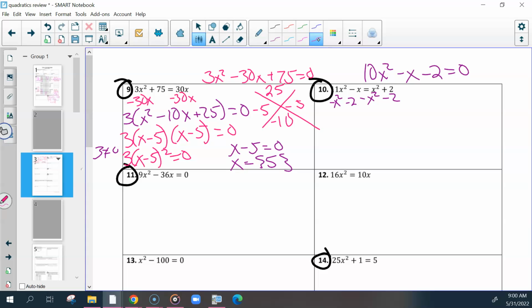How would we factor this one? Multiply 10 and negative 2. So negative 20, we're looking for two numbers that multiply to be negative 20 and add to be negative 1, which would be 5 and 4, but the 5 would be negative.